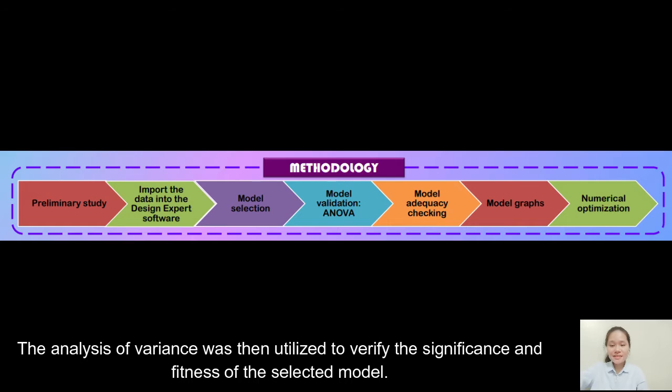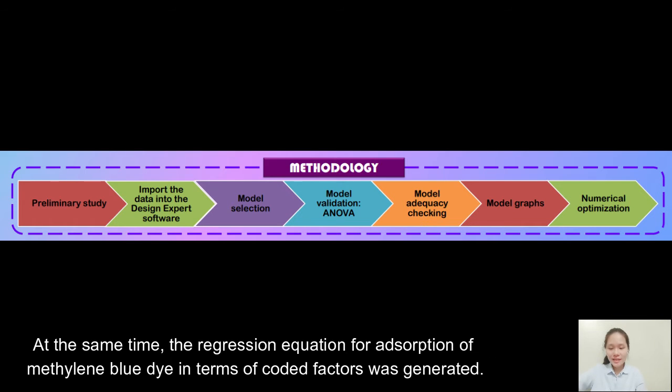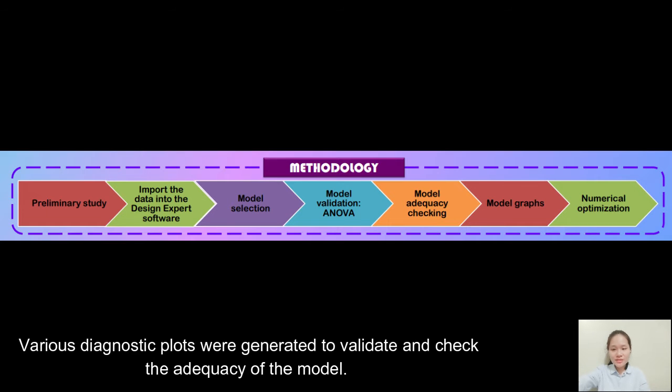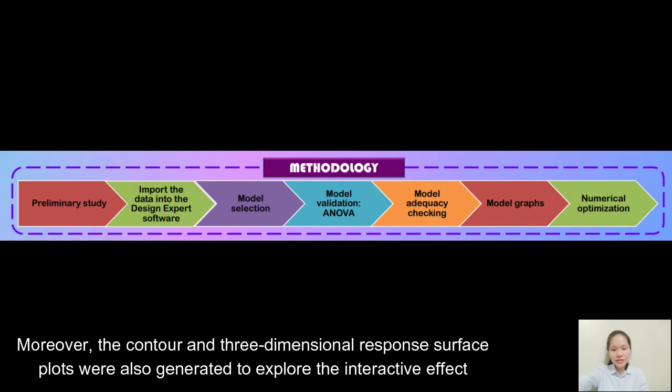The analysis of variance was then utilized to verify the significance and fitness of the selected model. At the same time, the regression equation for absorption of methylene blue dye in terms of coded factors was generated. Various diagnostic plots were generated to validate and check the adequacy of the model.